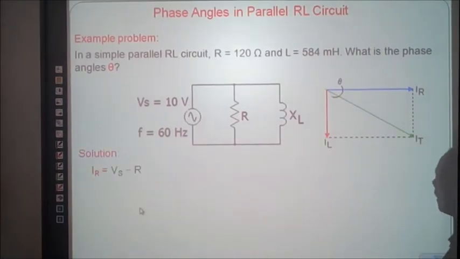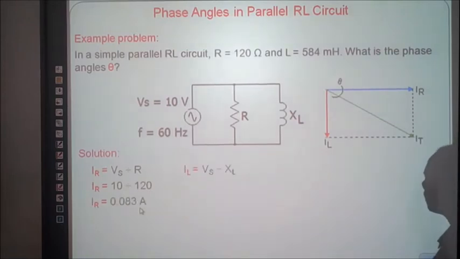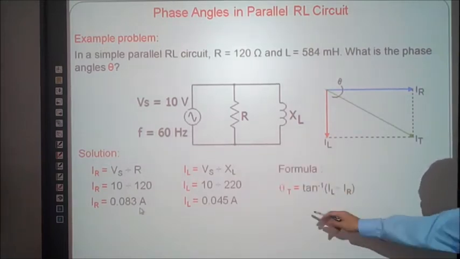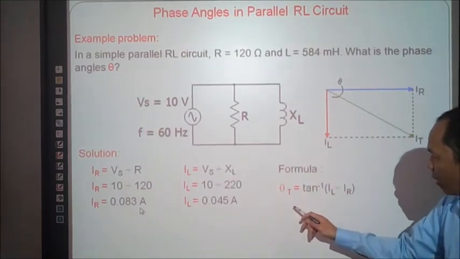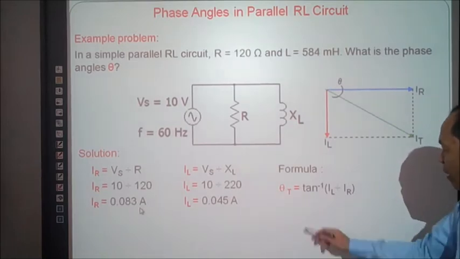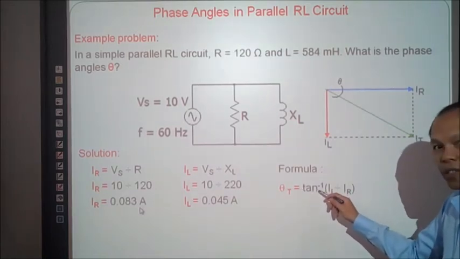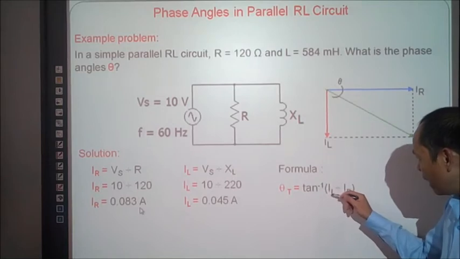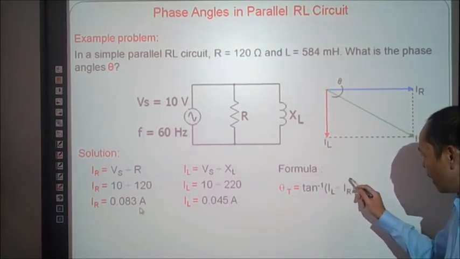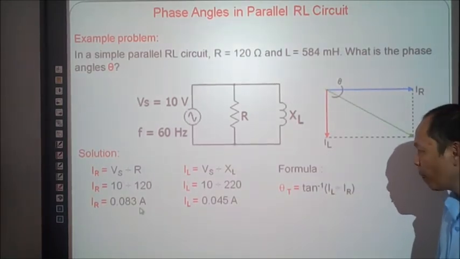This is the value of IR and IL. The total phase angle is equal to inverse tangent of IL divided by IR.